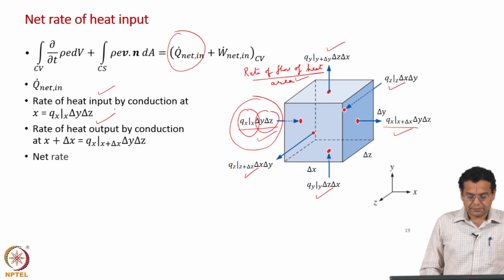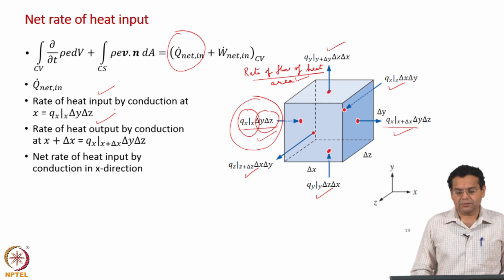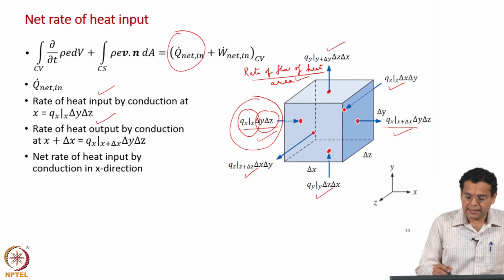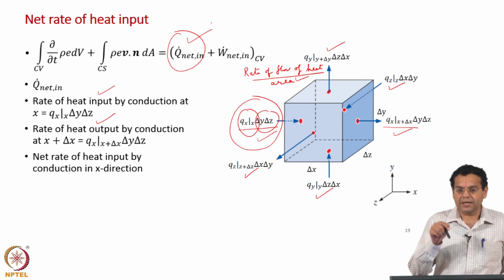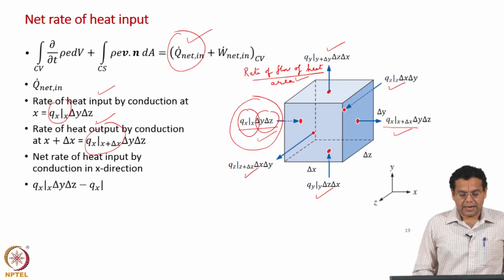And what is the net rate of heat input by conduction in the x direction? I want to stress here that on the right hand side what we have is net rate of heat input. So, now we should take qx at x and then subtract qx at x plus delta x. Why is that?